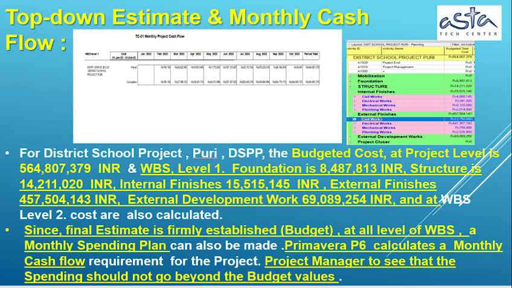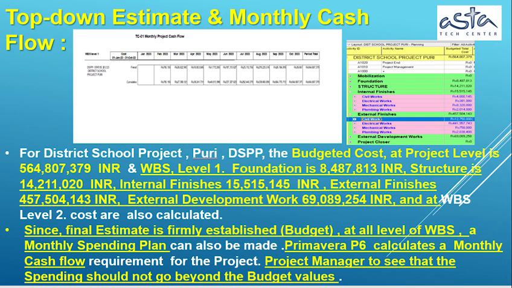At WBS level 1, Foundation is 8,487,813 Indian rupees, Structure is 14,211,020 INR, Internal finish is 15,515,145 INR, External finish is 457,504,143 Indian rupees, and External development work is 69,089,254 Indian rupees. At WBS level 2, costs are also calculated.